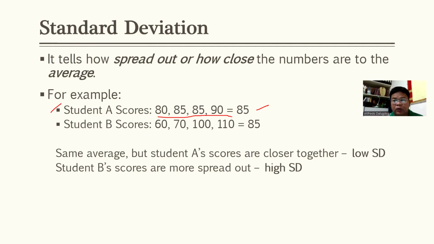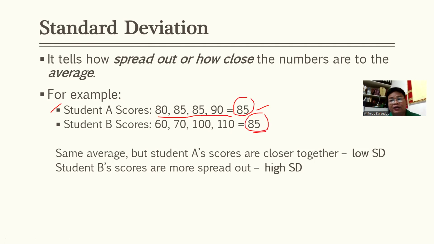They are close to each other. However, student B scores 60, 70, 100, 110, equal to an average of 85. So you can say that this student B has a high standard deviation. As you look at it, they do have the same average.